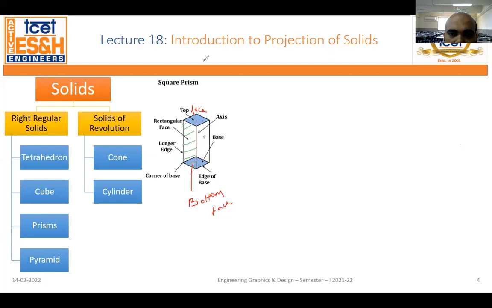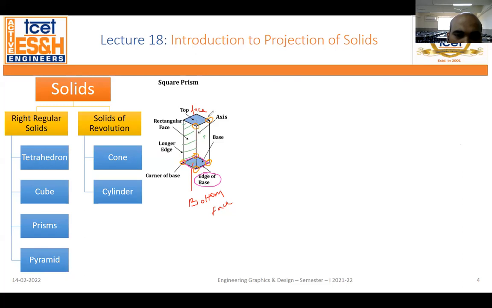Now listen to the next. Next, this line, this line, this line, this line. These lines are said to be the base edges or edge of base. Okay, those lines we will call edge of base. Remember, base edges or edge of base. Keep it in mind. After that, these points, this portion, then this here, similarly here and similarly here. So these 4 points are said to be the corners. Even this will also be said as the corners.